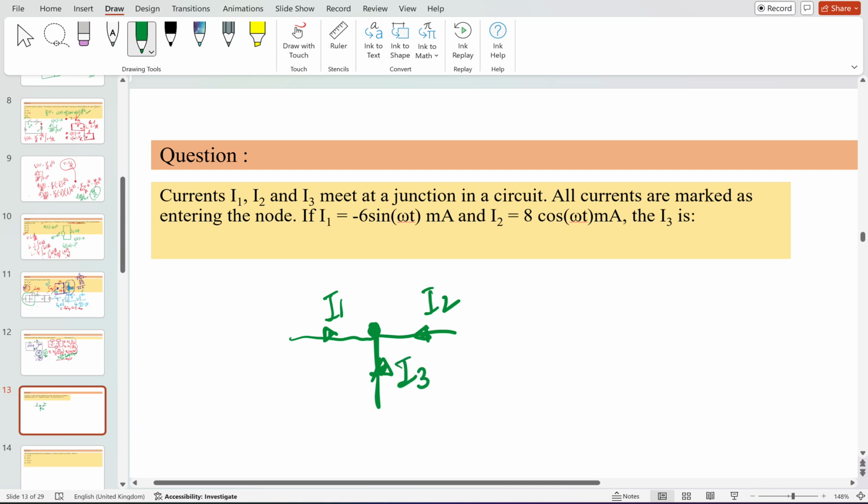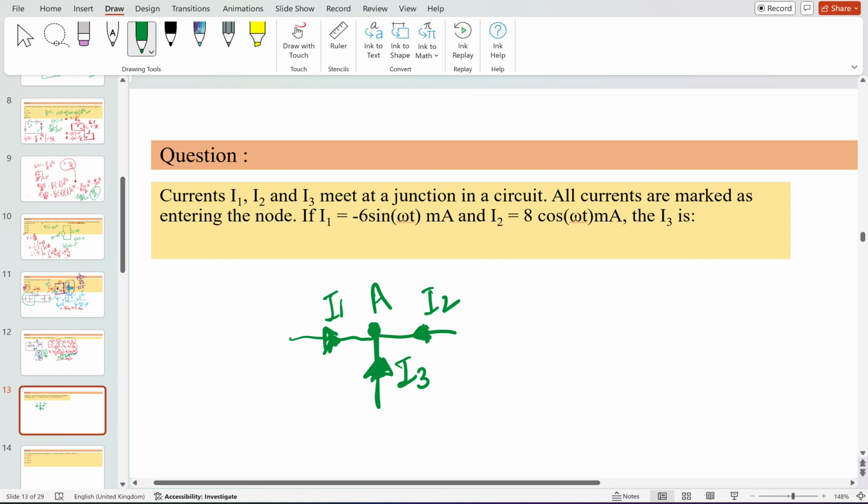Here it is saying mark entering into the node. So suppose this is node A, and all currents are entering the node. Then you have to tell, if I1 and I2 are given, what is the value of I3? Try to solve it.